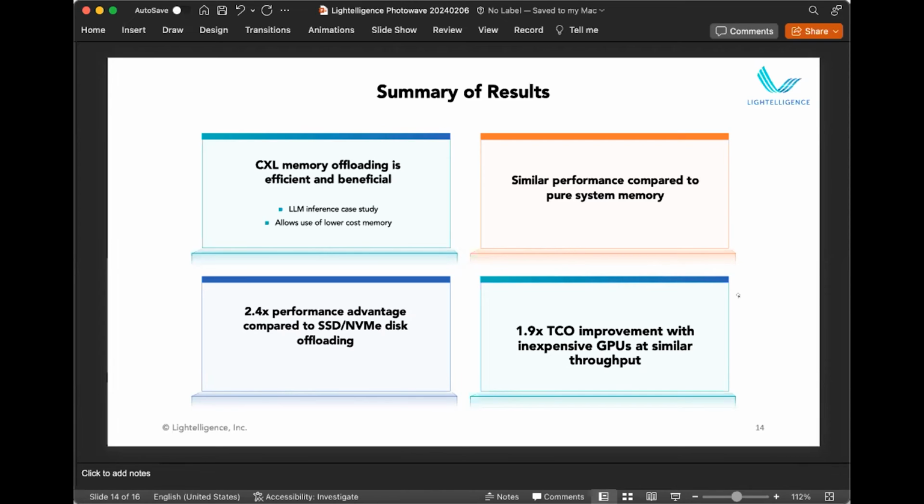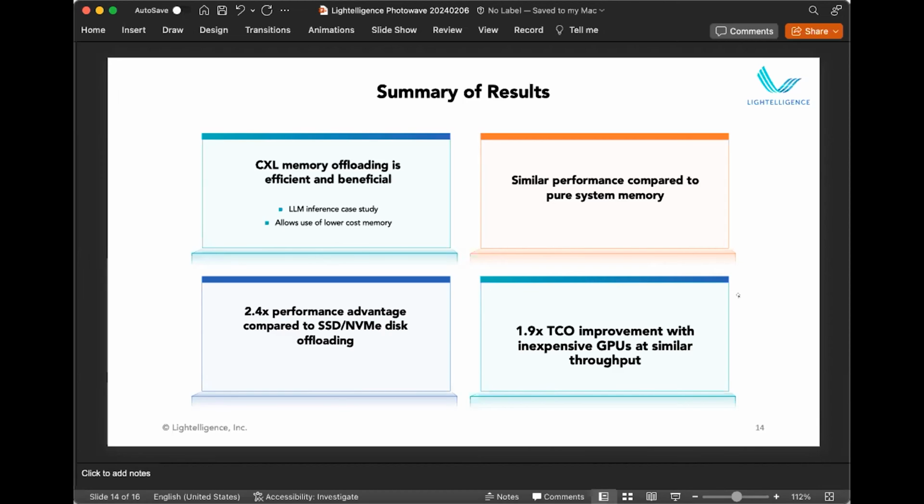Obviously, you could try to store your model local, and this was small enough that you could. But as the models get larger and larger, that's not always possible. 2.4x performance advantage compared to solid state drive, and a 1.9x TCO improvement.